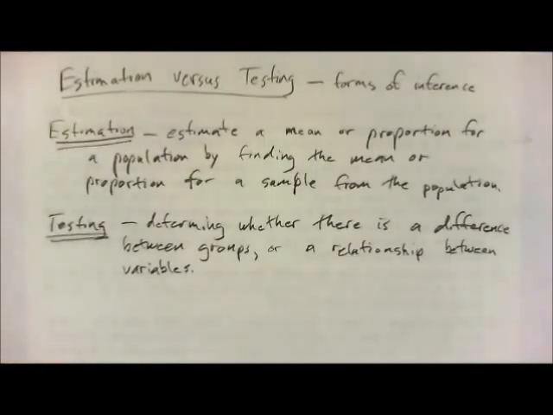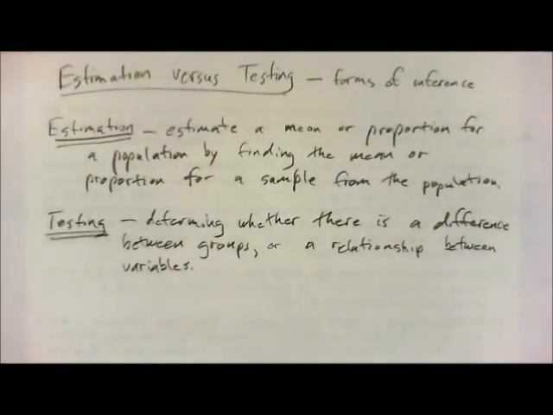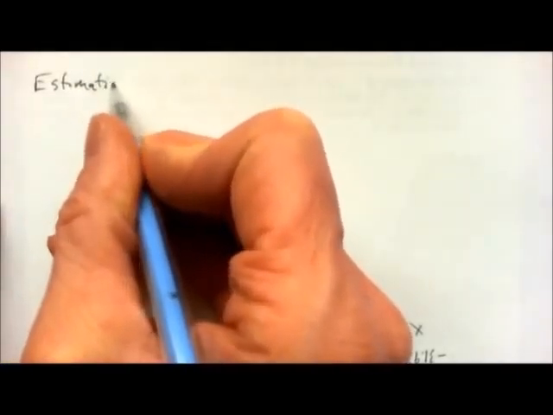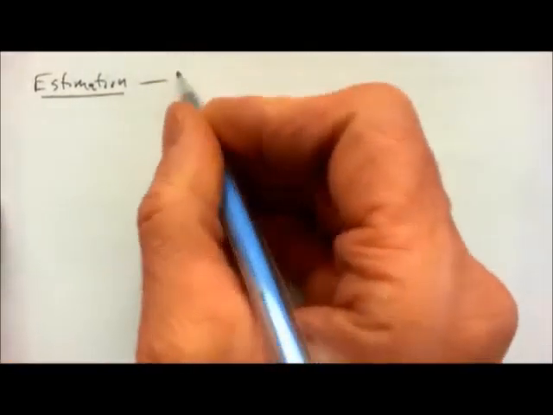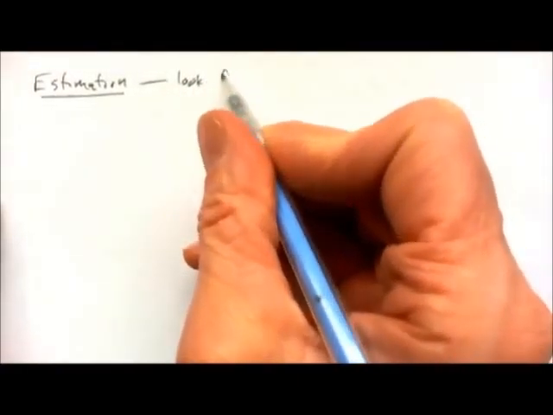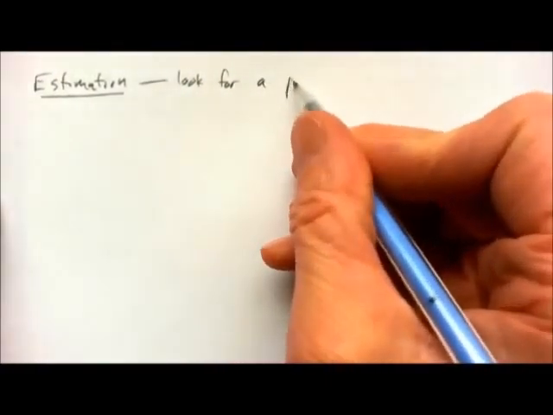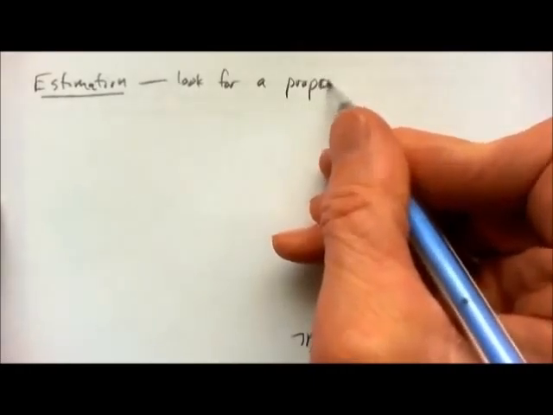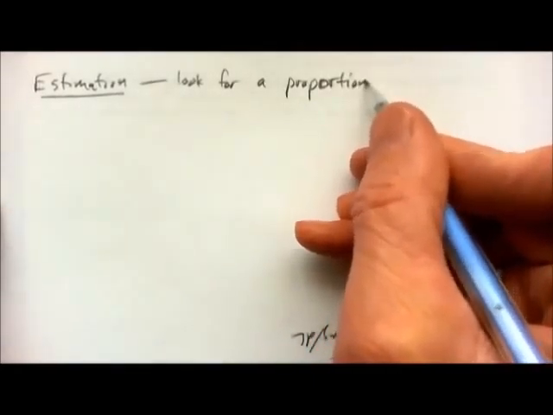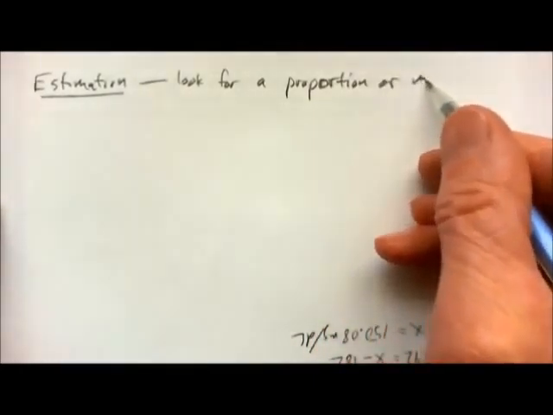So when we're looking to try to determine whether we're seeing an example of estimation, what we want to do is look for a proportion or a mean. If a proportion or a mean is given to us, then somebody has estimated that proportion or mean.